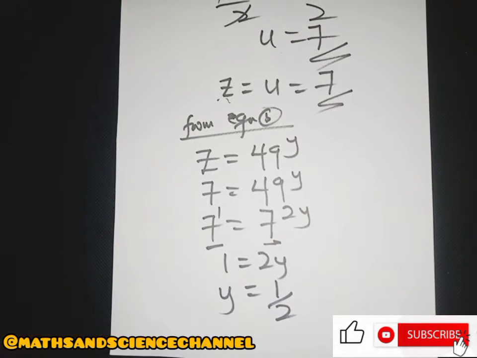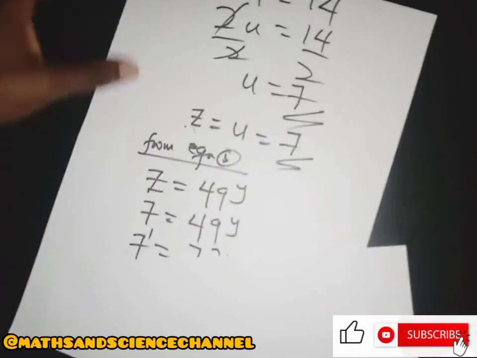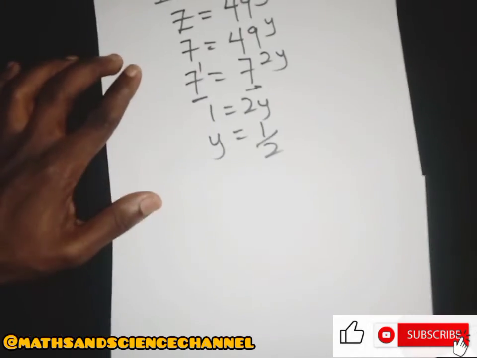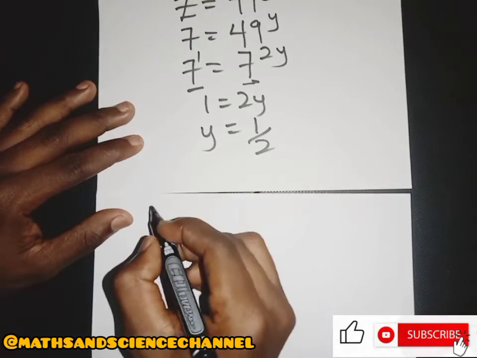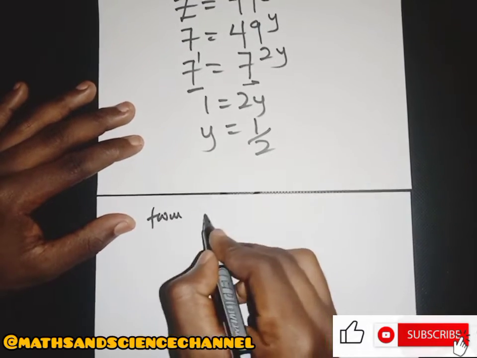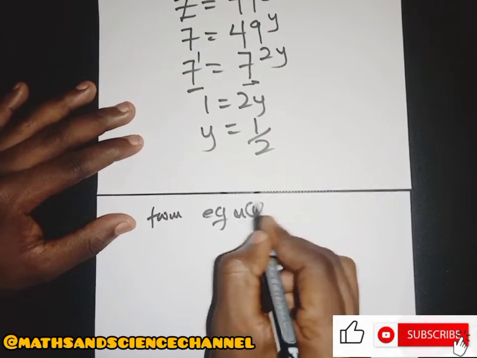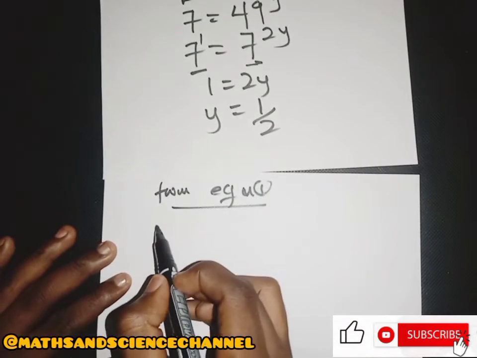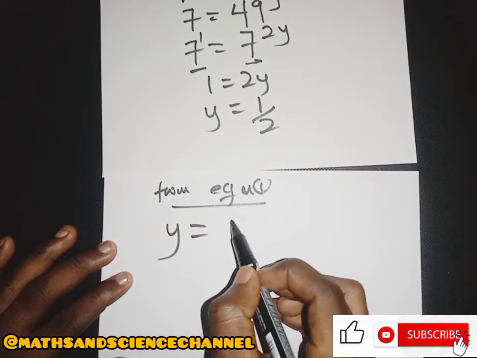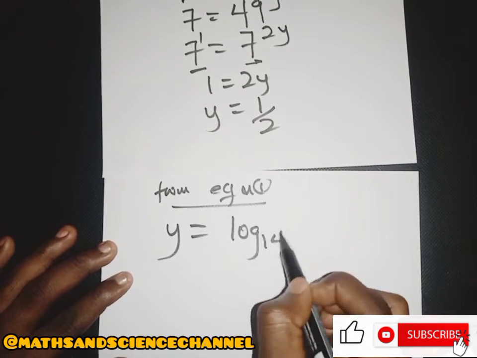Now we have z, we have u, we have y, and what we have to do next is to find what x is in this case, right? So from equation 1 we said y equal to log base 14 of x, right?